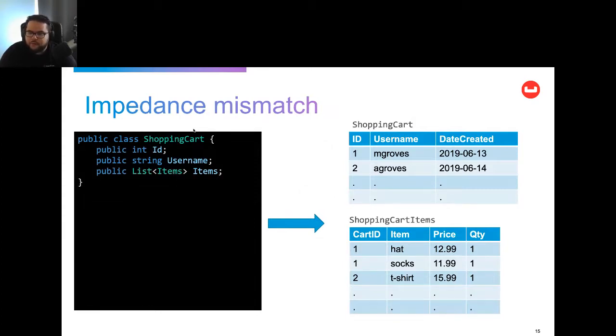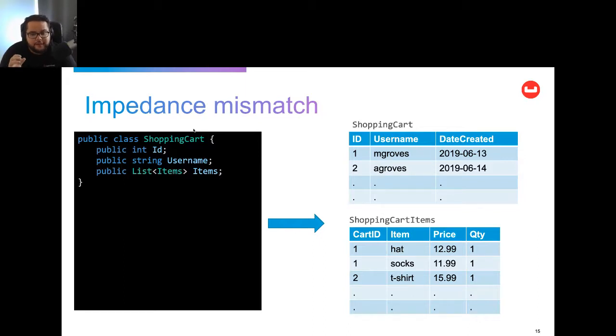Impedance mismatch essentially means that the way you deal with data in your application is different from the way you deal with data in the database. For instance, if you have a shopping cart and inside it you have shopping cart items, there is no reason why a shopping cart item should exist outside of a shopping cart.